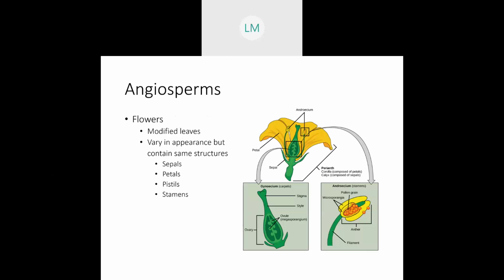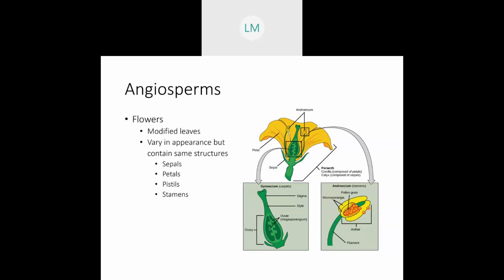So when we look at our flower, these are basically just modified leaves, and a lot of flowers look very different, but they have some of the same common structures we see in all these different types of flowers. So we've got sepals. So sepals are going to be down here. These are typically photosynthetic structures that are covering the flower, the bud, before it opens up.